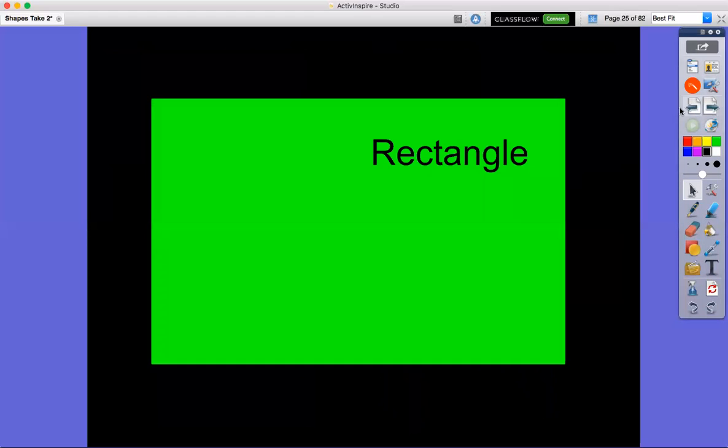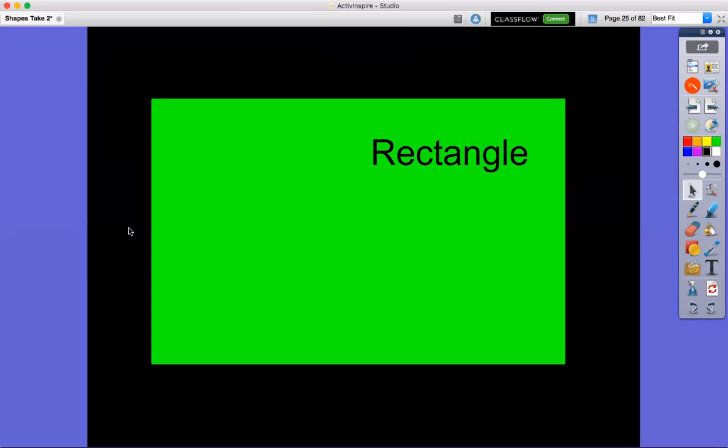Okay, so when you're looking for rectangles, remember, it looks kind of like a stretched out square because it has four straight sides. Two sides that are opposite from each other run parallel or straight, and they are the same length. The other two sides run parallel or straight to each other, and they are the same length.